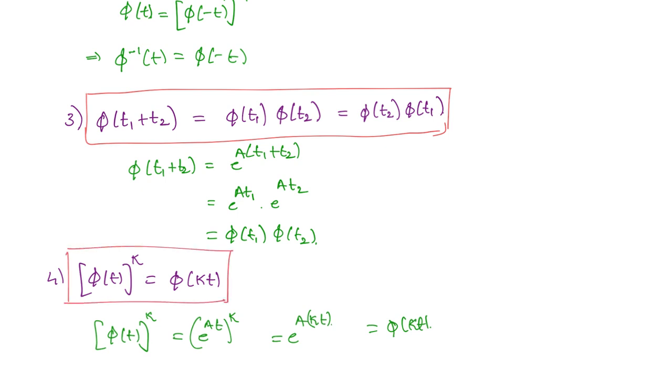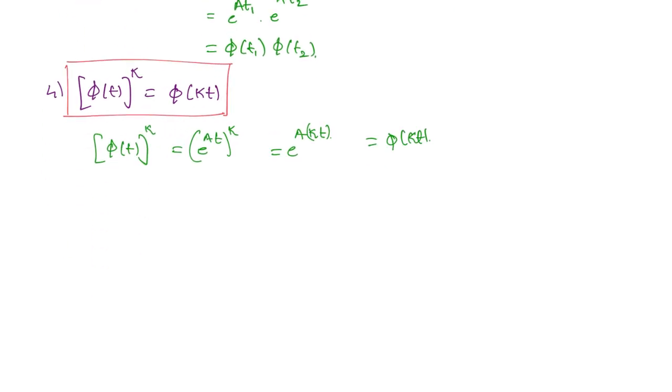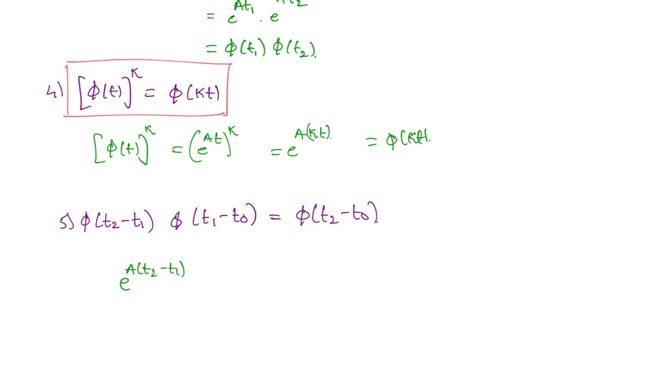And finally, the last property is phi of (t2 minus t1) into phi of (t1 minus t0) is equal to phi of (t2 minus t0). Phi of (t2 minus t1) you can write as e to the power A (t2 minus t1).